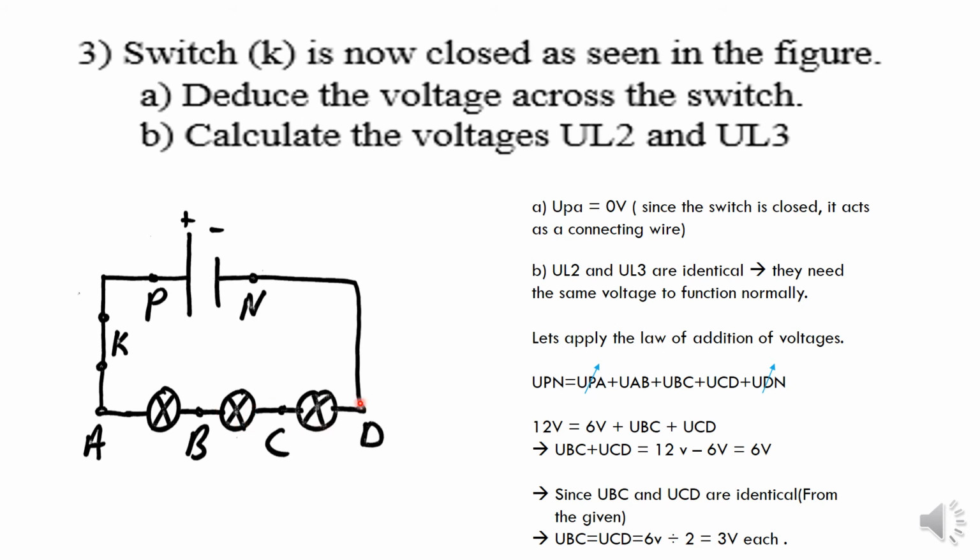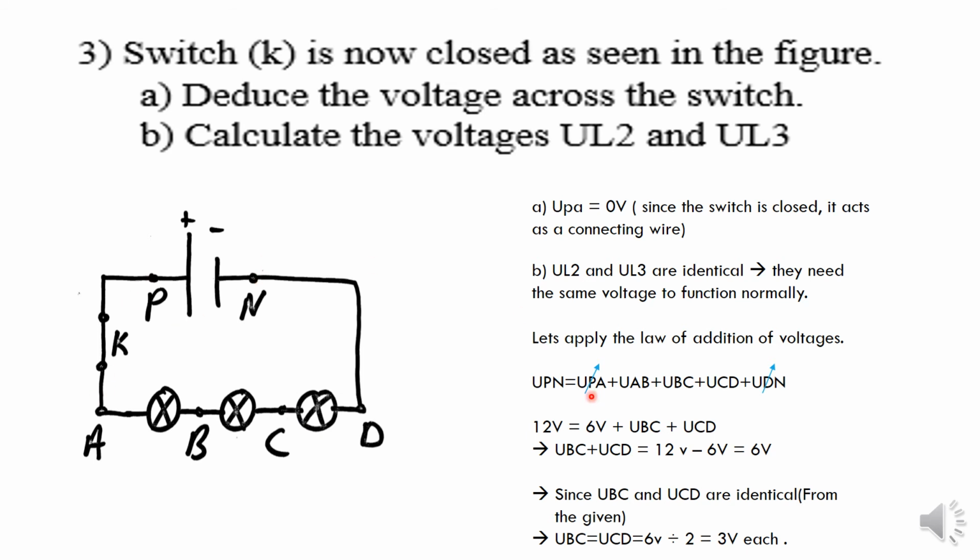So they are identical. To find the voltage across UL2 and UL3, I have to apply the law of addition of voltages. UPN equals UPA, we just follow consecutive points, plus UAB, plus UBC, plus UCD, plus UDN.